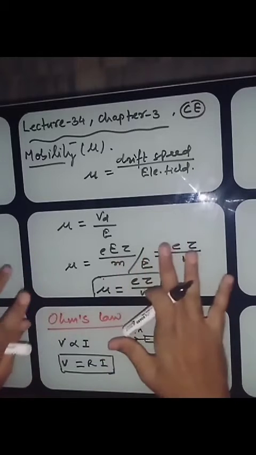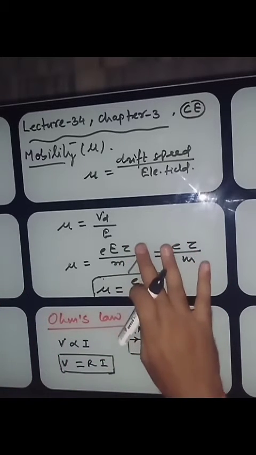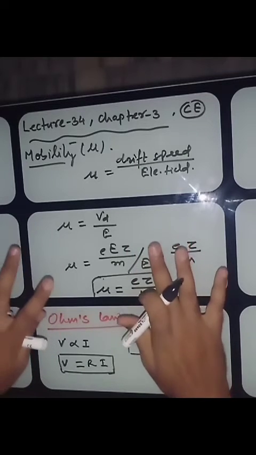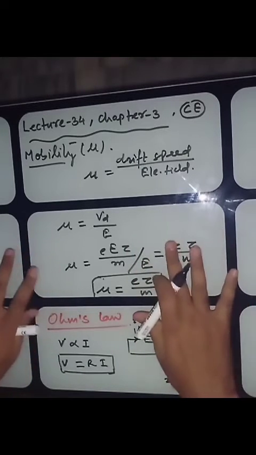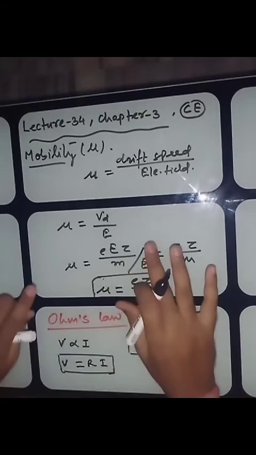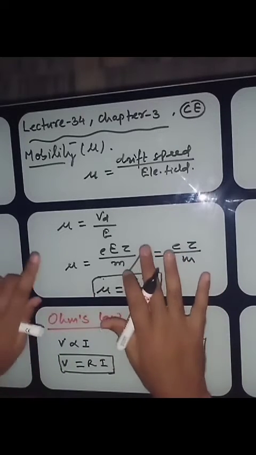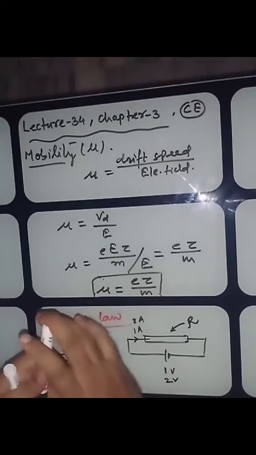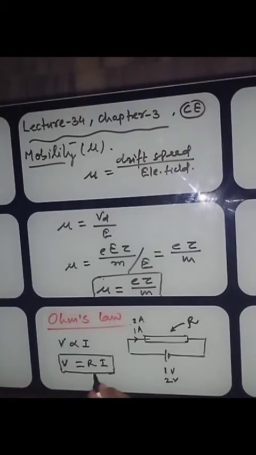But here we can say that V is directly proportional to I under a certain condition, and that condition is the temperature. The temperature where the experiment was done was constant. If the temperature changes, this relation will also change, and you will find that the resistance R might not be constant.